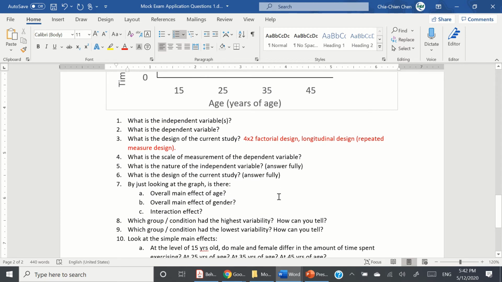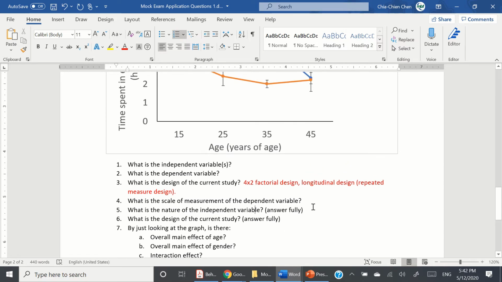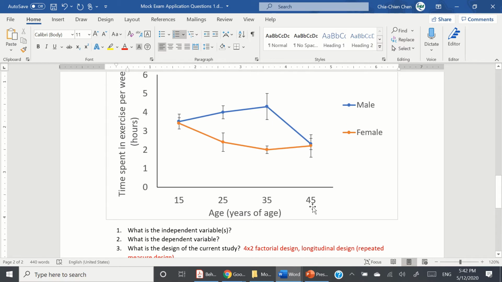We answered that already. Number seven, by just looking at the graph, is there an overall main effect of age? Okay, now let's just compare something like 15 versus 45. Just overall, is there a difference in the amount of time that people are spending exercising? It looks like there is, right?